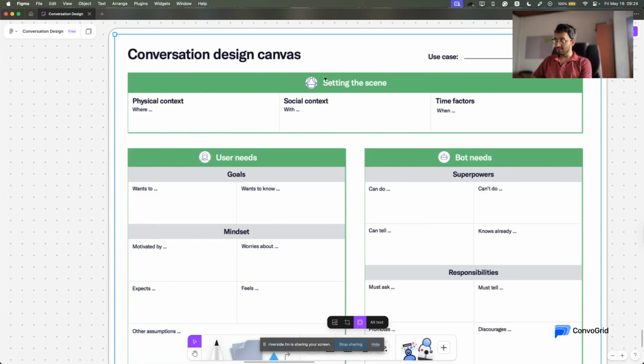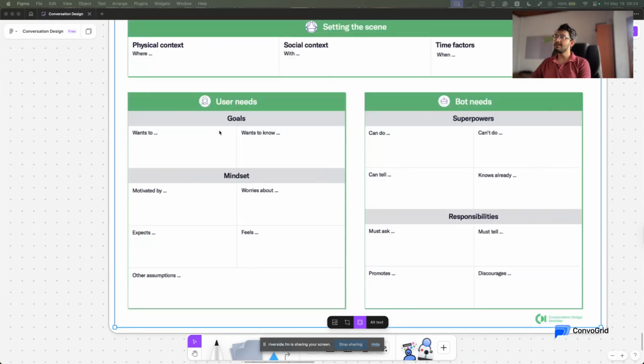The social context is when it is used, for example, when people want to book a ticket on a flight reservation site. And the time factor is what exactly is the time that people are using it. So those are some factors that you can think about in terms of setting up the scene.